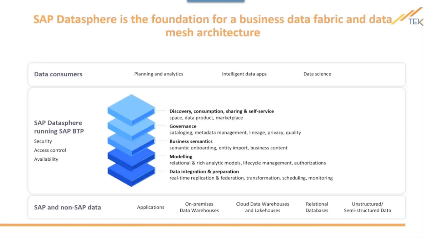Datasphere has a wide variety of connectors, not only to SAP, but also to other third-party systems and a wide variety of different databases. So you can construct the data fabric architecture very easily.